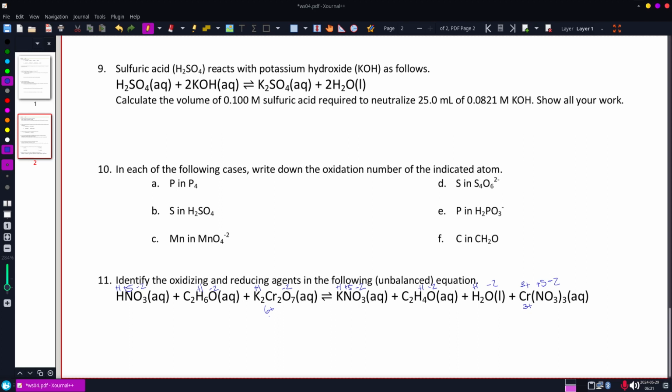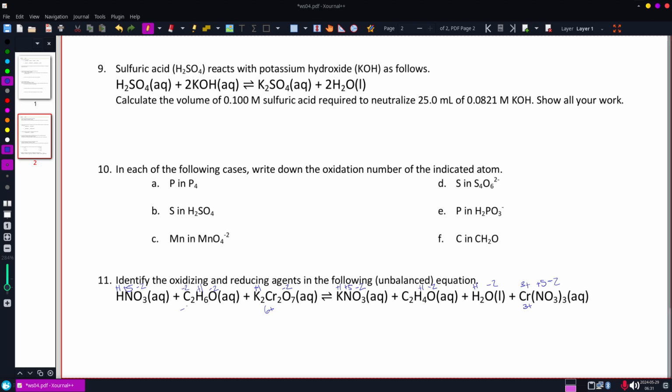And then the only other atom there is the carbon. So on the reactant side, I have a total of -2. I have 6 positives, so +6. To get this to balance out, I would need those carbons to add up to -4. So each of these must be a -2.